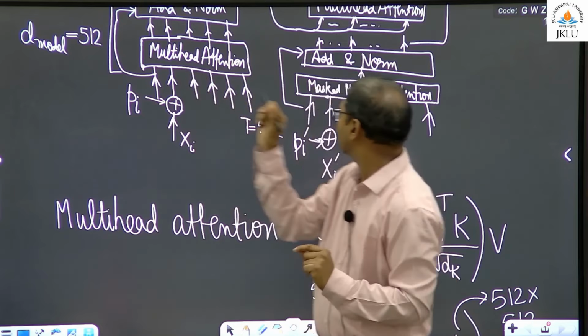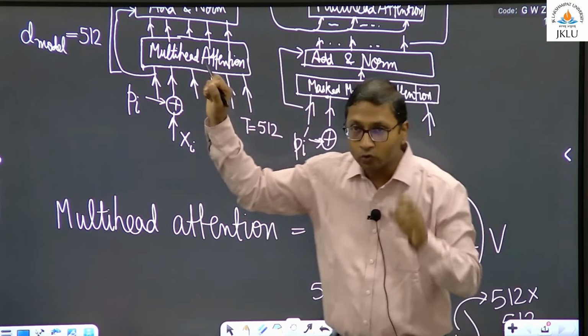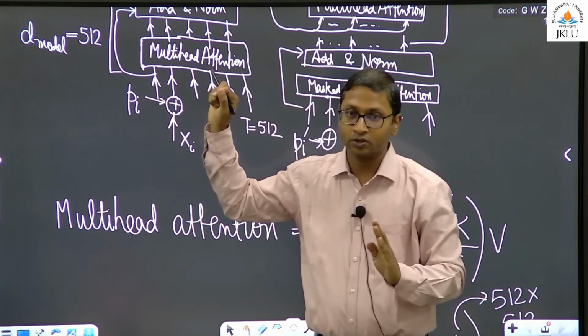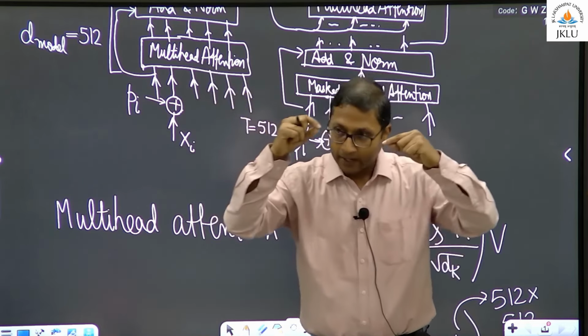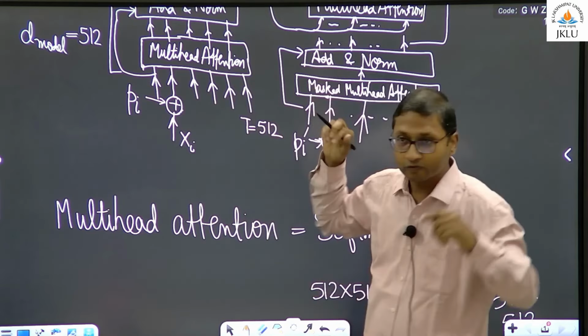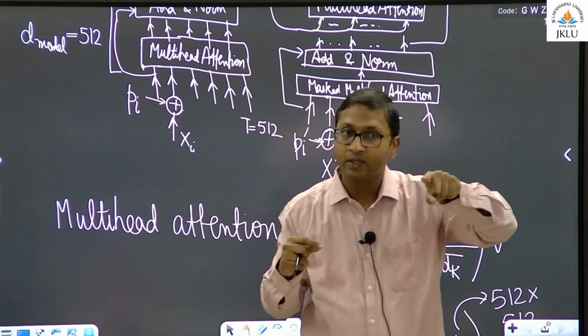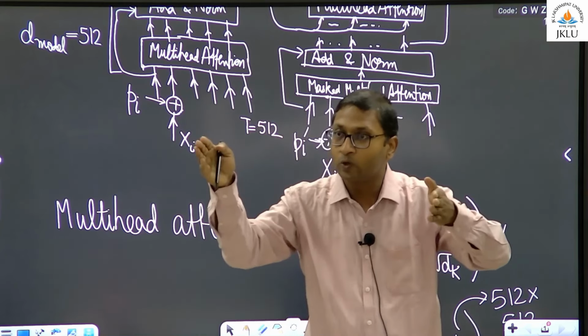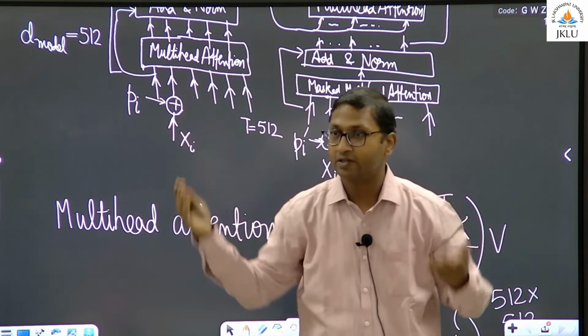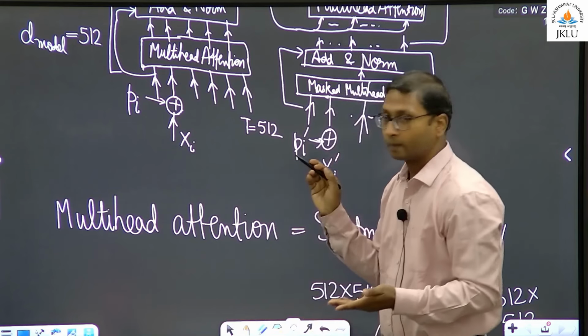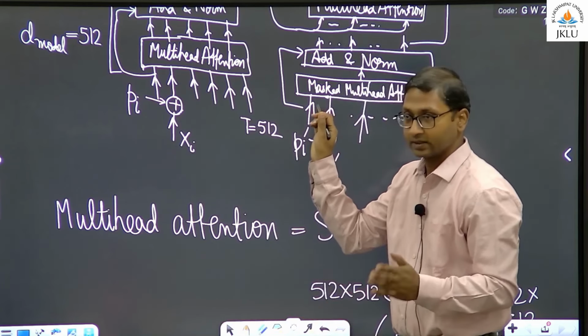Because K2 is coming from the next word here, and you don't want your model to have access to those values. So what do I do? So what will be my first word? First word will be Q1 dot K1, and whatever the next term was, that should be minus infinity. So this should be masked.